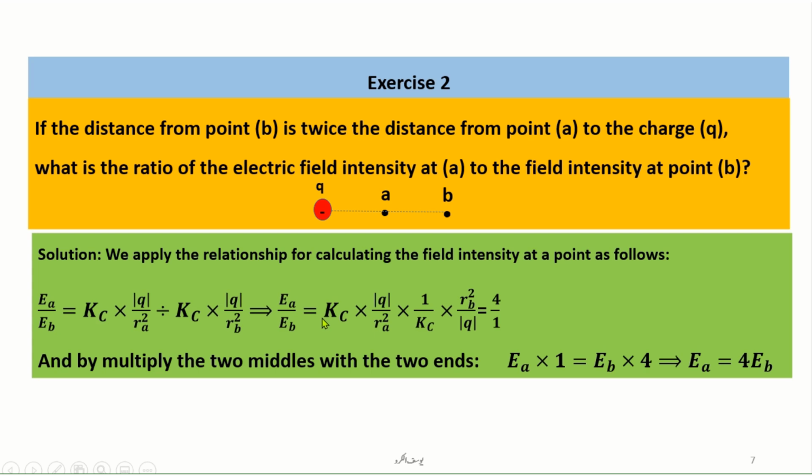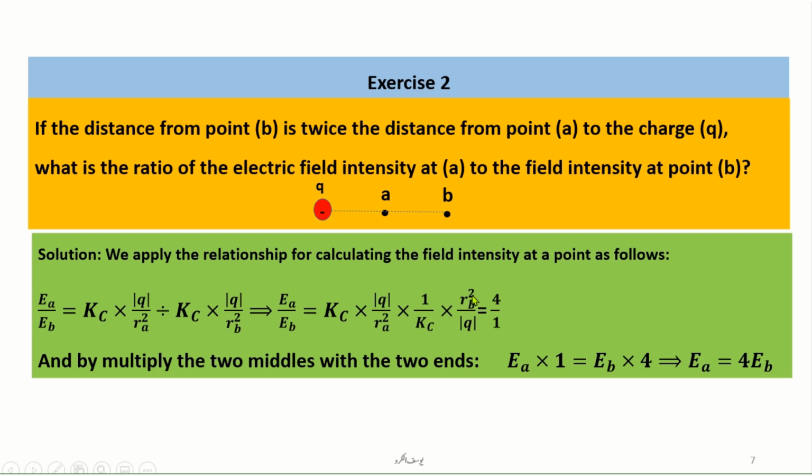EA upon EB equals Kc multiplied by the magnitude of Q upon R squared A, multiplied by R squared B upon Kc multiplied by the magnitude of Q. Here Q is deleted with Q, Kc is deleted with Kc, just R squared B and R squared A remain.